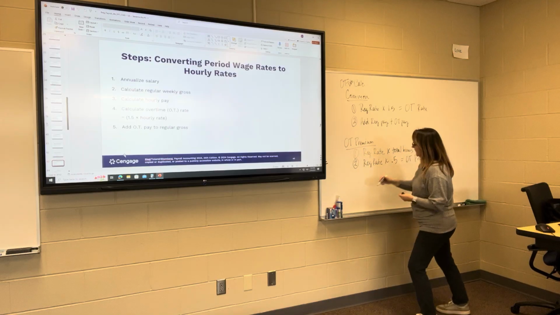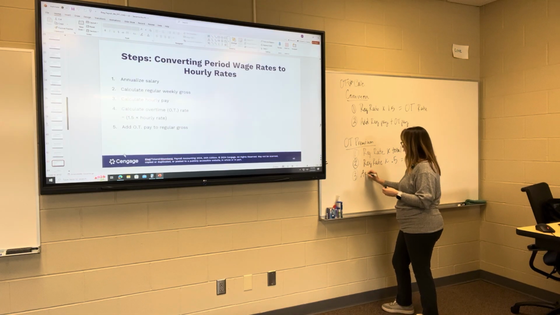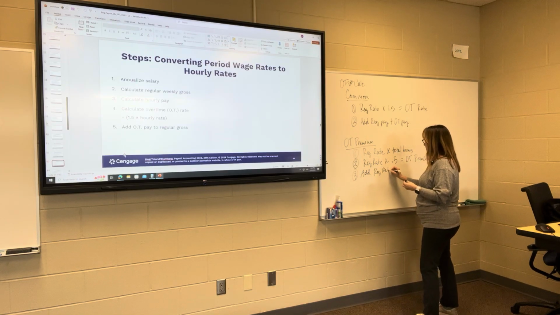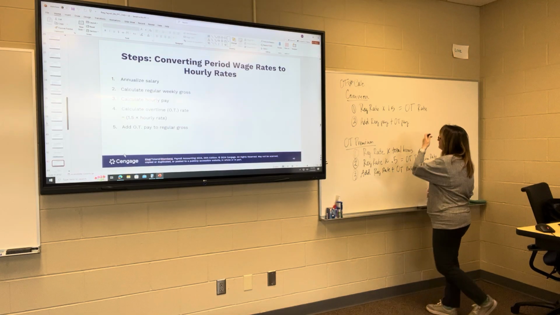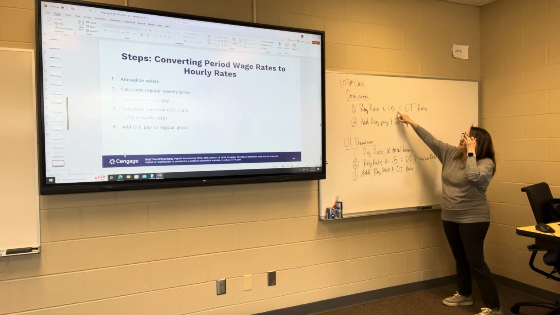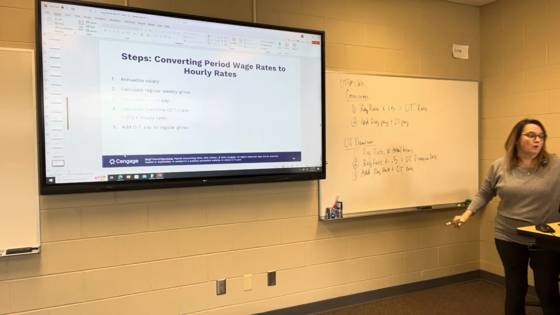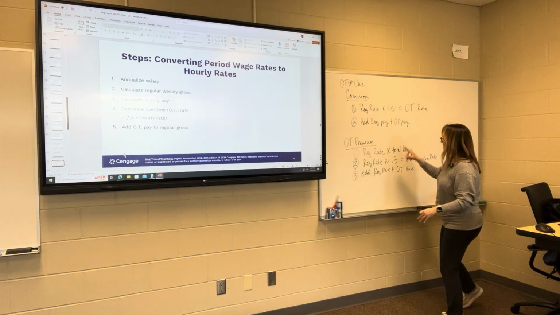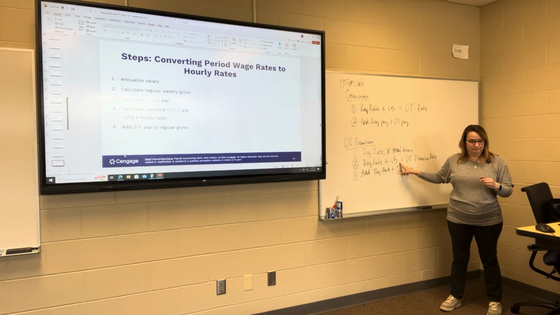And then we're going to add the regular rate plus overtime rate that we have calculated. So for the common method, we're multiplying by 1.5. For the overtime premium method, we're multiplying by 0.5 to get the overtime premium.